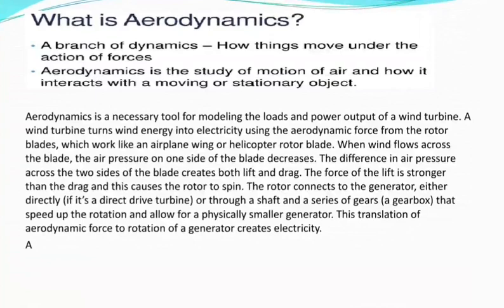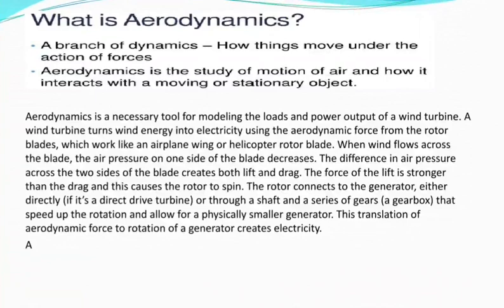A wind turbine turns wind energy into electrical energy using the aerodynamic force from the rotor blades, which work like an airplane wing or helicopter rotor blade. When wind blows across the blade, the air pressure on one side of the blade decreases. The difference in air pressure across the two sides of the blade creates both lift and drag force.